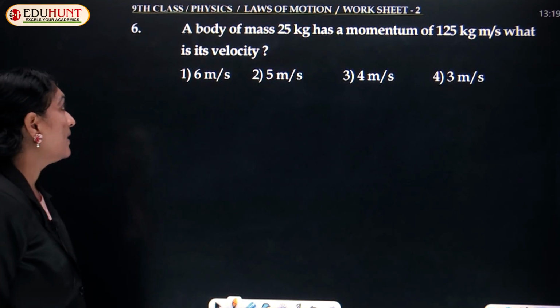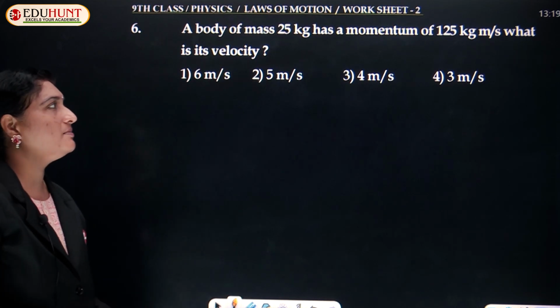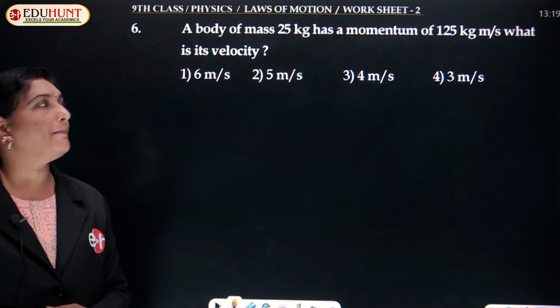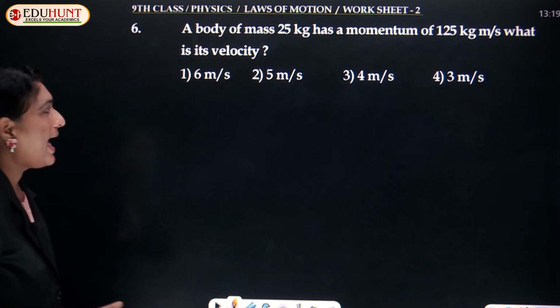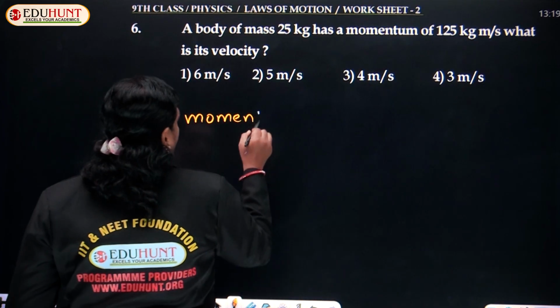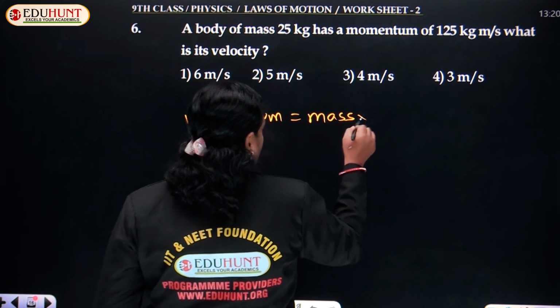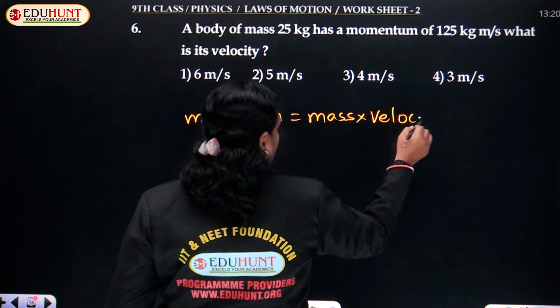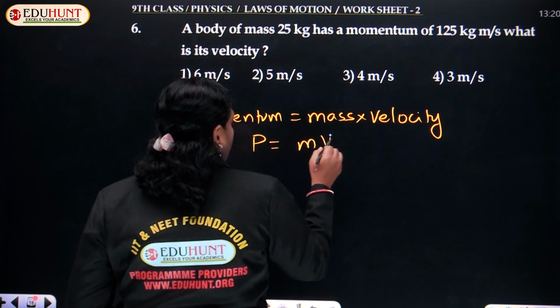Sixth question. A body of mass 25 kg has a momentum of 125 kg meter per second. What is its velocity? As we know, momentum is the product of mass and velocity. This implies P is equal to mv.